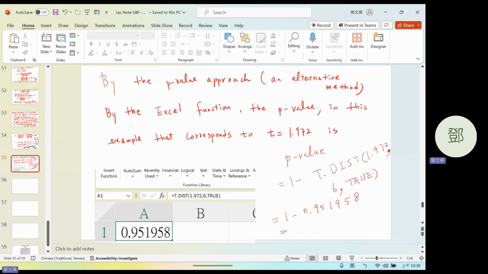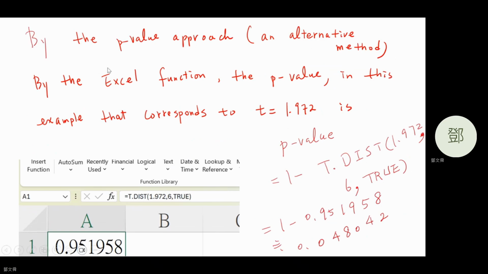So it is roughly 0.048. This is the p-value approach.